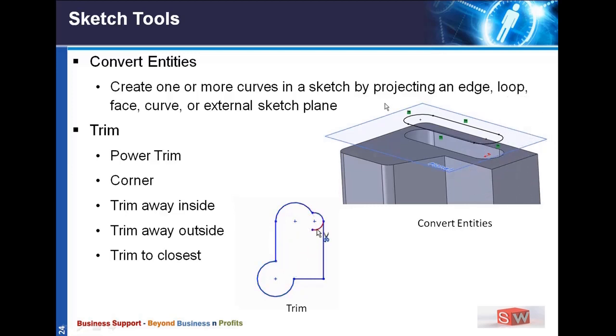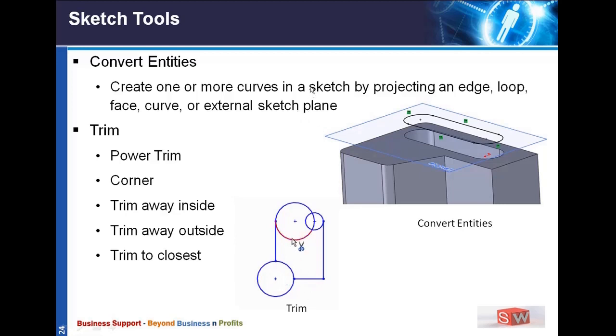Now what I did is I selected the command called convert entities and I selected the edges over this plane and these entities have been created. This we call convert entities, and this symbol will show you that it is convert entities.